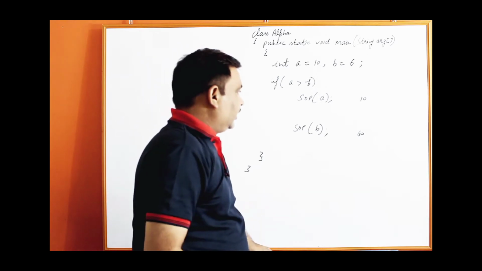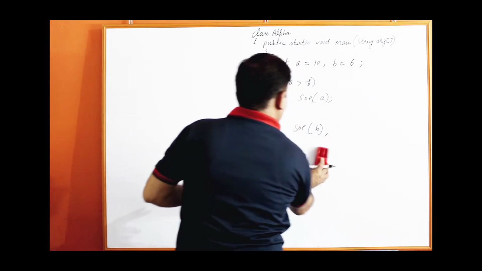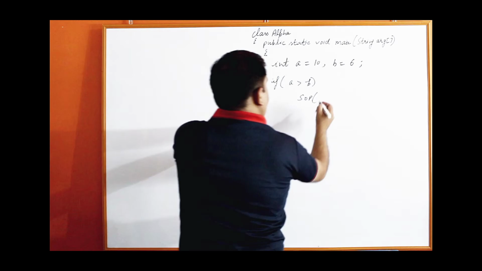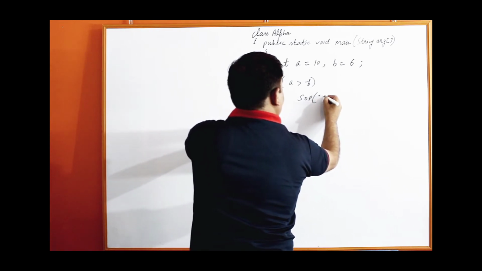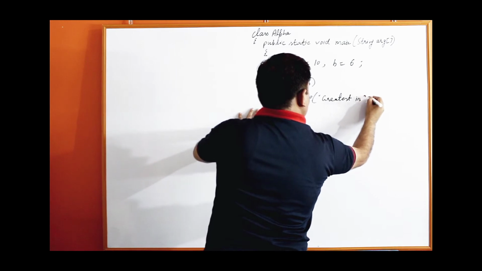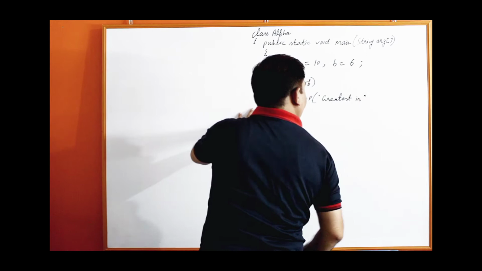Now again try to understand, if we have more than one statement, System.out.print greatest is a. I am not writing a here, I am writing a in the next line.